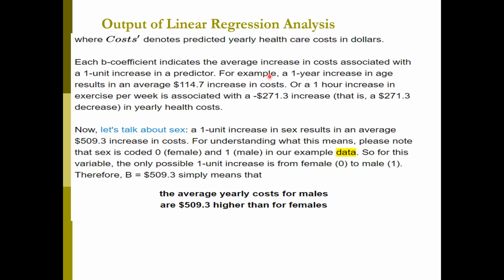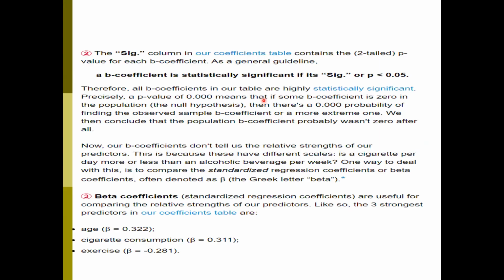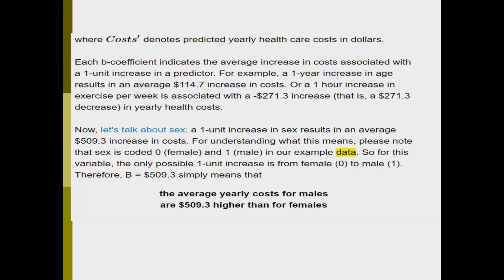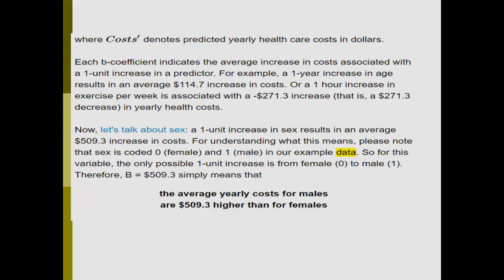Again, let's look at exercise. Our exercise value is negative 271.270. But what is it? It's exercise, average hours of exercise per week. So how do we interpret it?